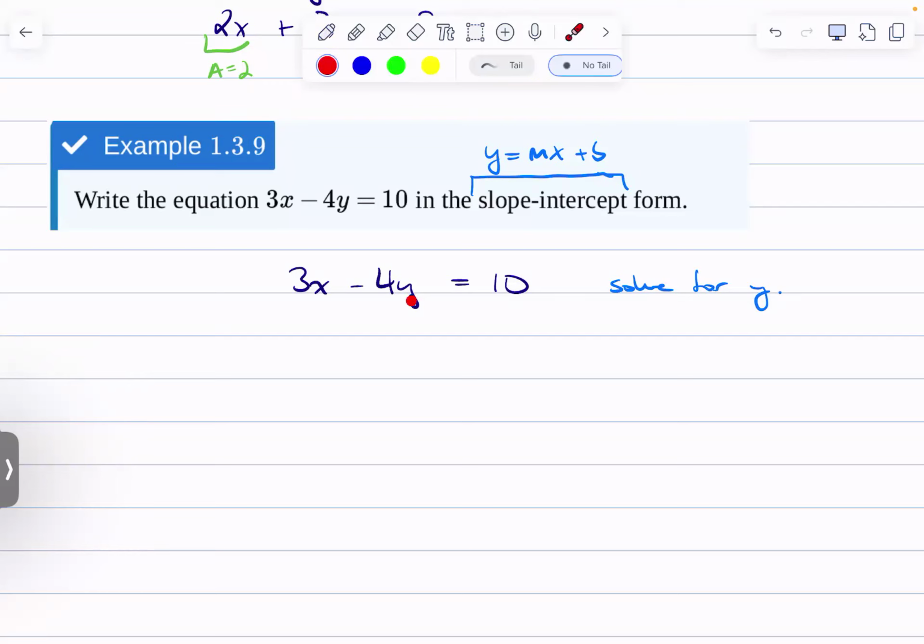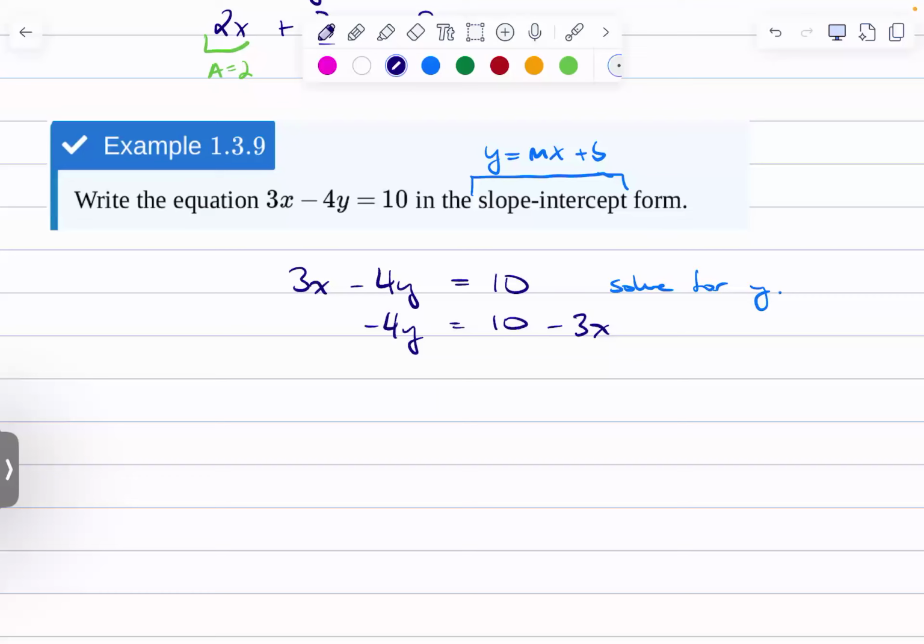If I'm trying to solve for this y, then I first need to move this 3x over to the right-hand side, right? And so I'm going to keep negative 4y as it is and have 10 minus 3x on the right-hand side.